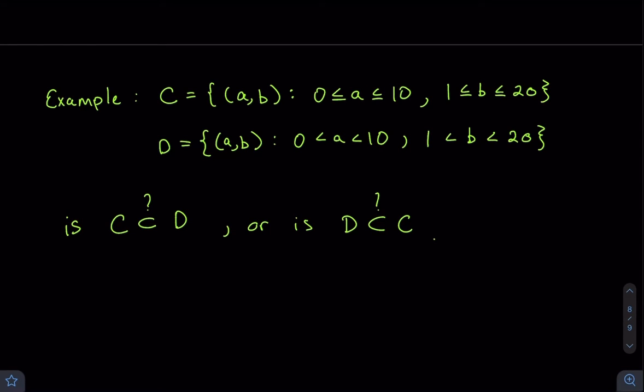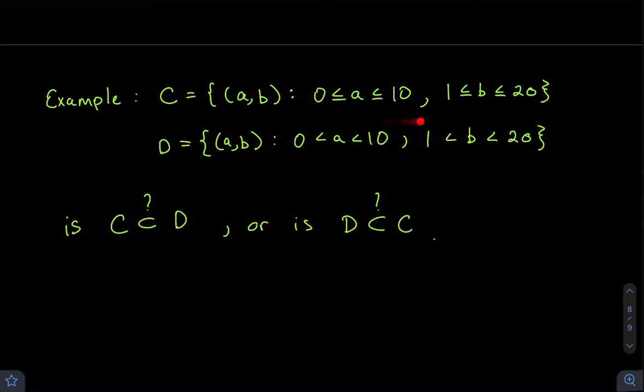Well, in set C, I could already tell that the values of A, specifically A equals 0 and A equals 10, are not in this interval. Because here we have A's between 0 and 10, but it doesn't include 0 and 10, while in set C, it does. And likewise, here we have B is able to equal 1 and 20, but in set D, it's not.